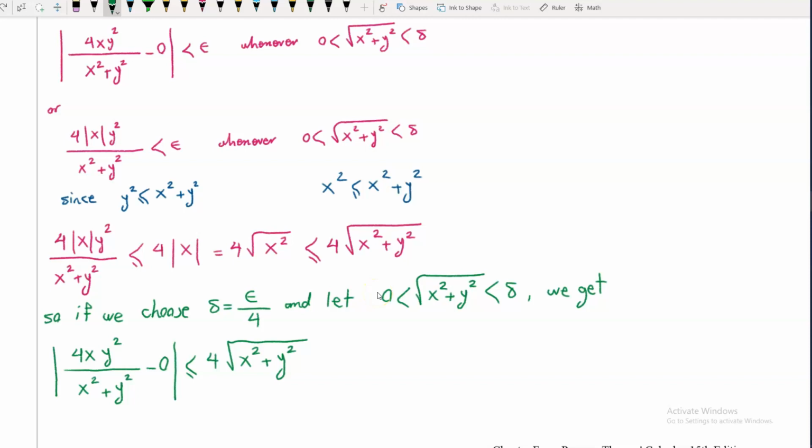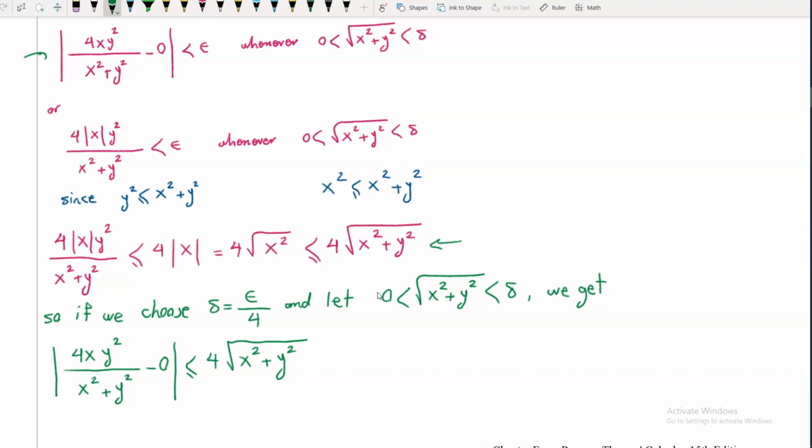So if we choose delta equal to epsilon divided by 4 and let the square root of x squared plus y squared be between 0 and delta, here we have the absolute value of 4xy squared divided by x squared plus y squared minus 0, based on what I have here. And that one was less than or equal to what we had here on this part, 4 times the square root of x squared plus y squared.